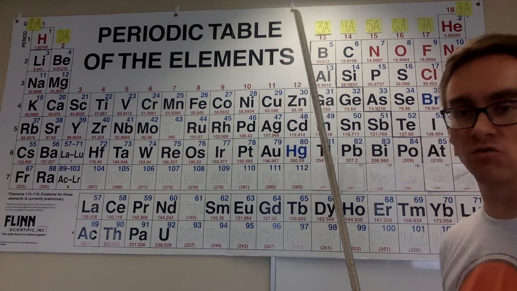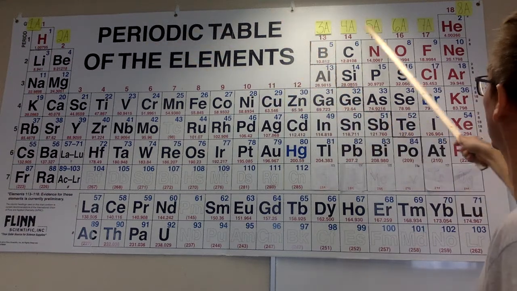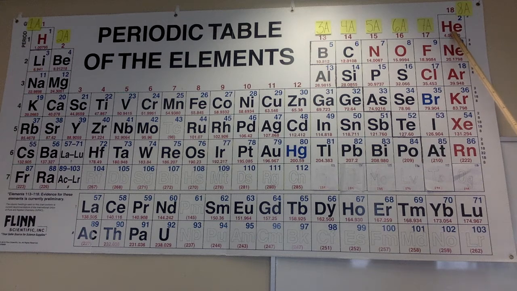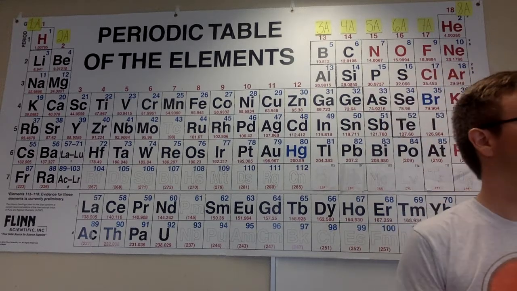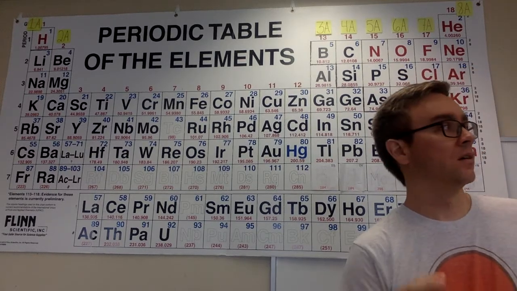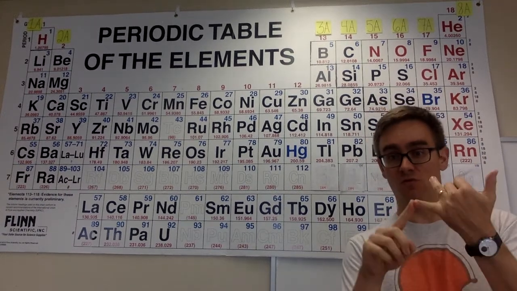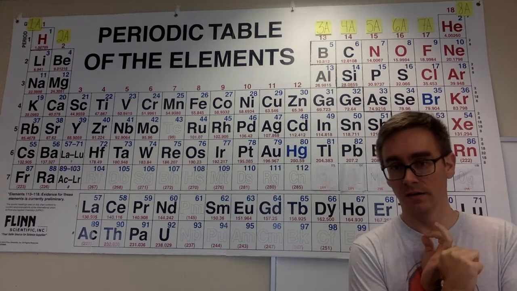Or the element in period 1, group 8A, would be helium. All right, so now we can learn all about these periods and groups. I should be able to give you a group and a period, and you should be able to tell me which element that is.